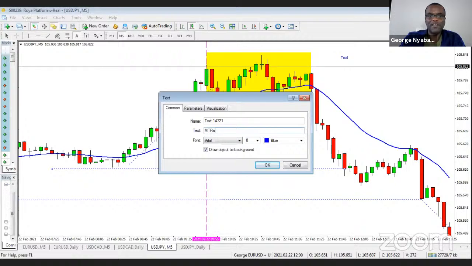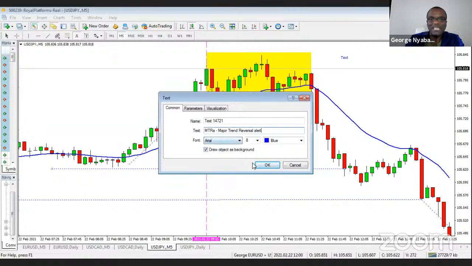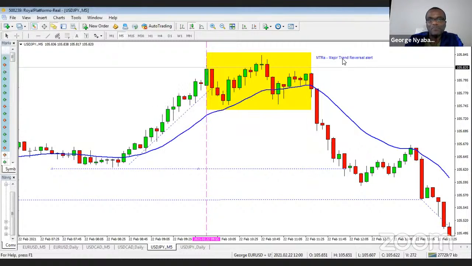So MTRA, I'll explain that. It's a major trend reversal alert. That small a means alert. Okay. So this whole pattern here is a major trend reversal alert, and that's what we'll be focusing on today.